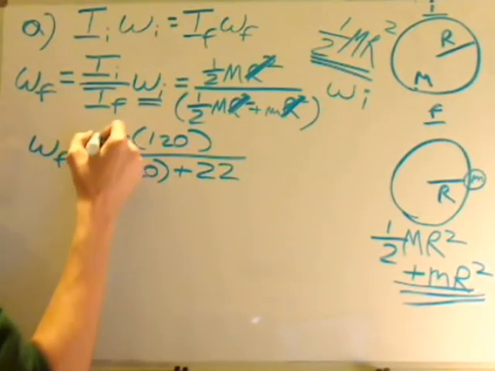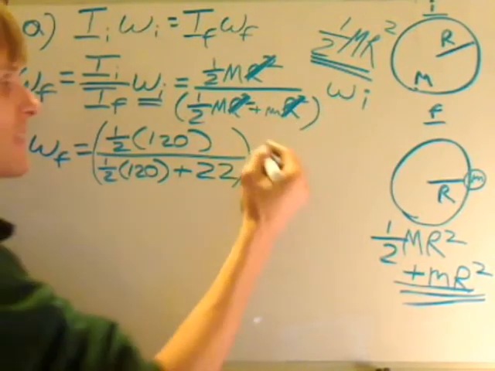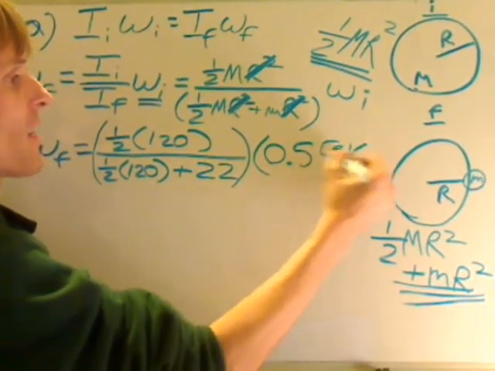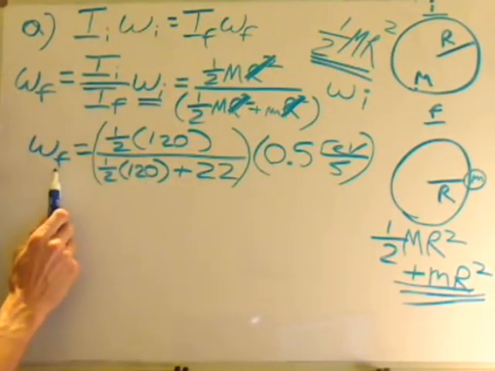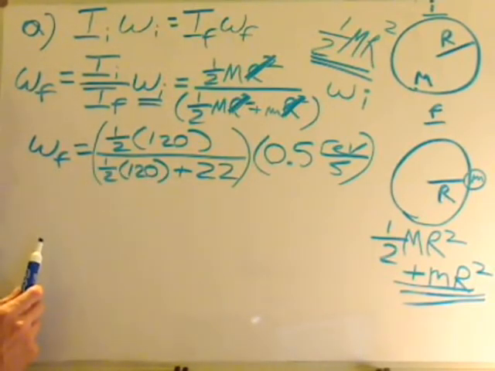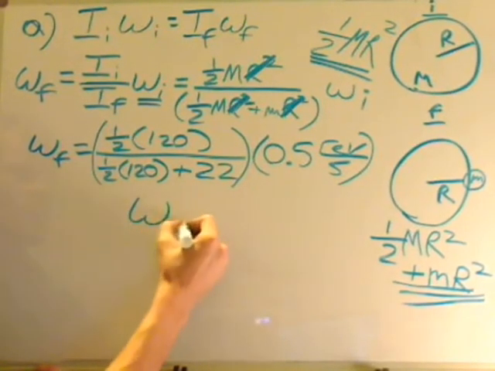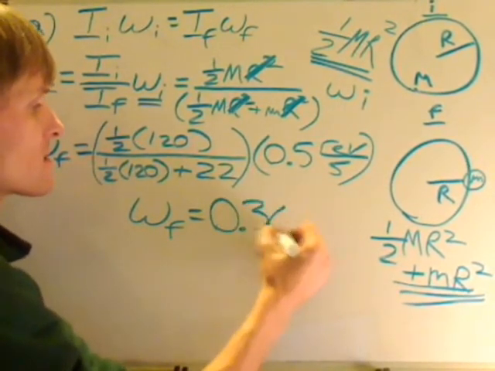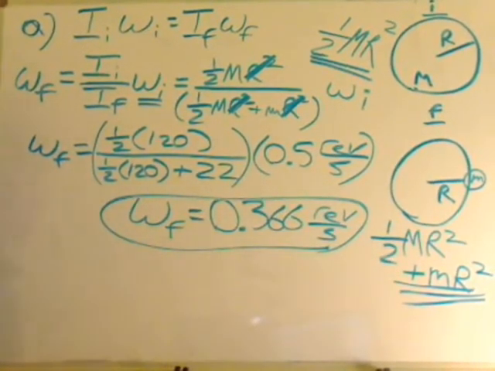That times our initial angular velocity, which was 0.5 revs per second. It's fine to leave this in revs per second for now. All that means is that our final answer is going to be in revs per second as well. When you solve that, you find that your final angular velocity is 0.366 revs per second. So there's our answer to part A.